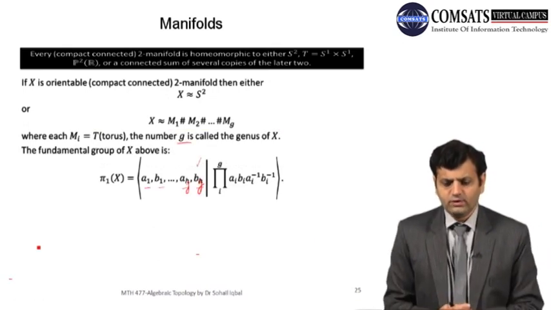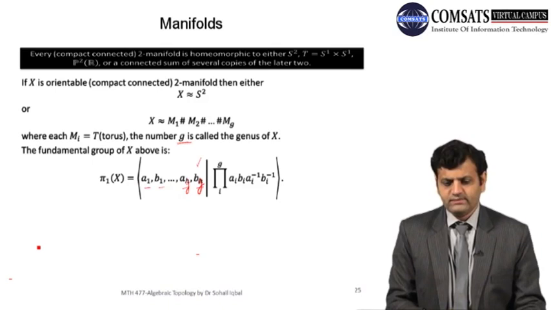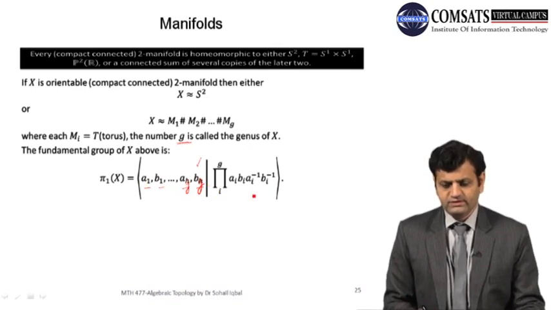Now let's talk about the fundamental group of these orientable 2 manifolds. If I have a 2 manifold of genus G, then its fundamental group is generated by A1, B1 up to AG, BG, and the relator is going to be the product of expressions of the following form.